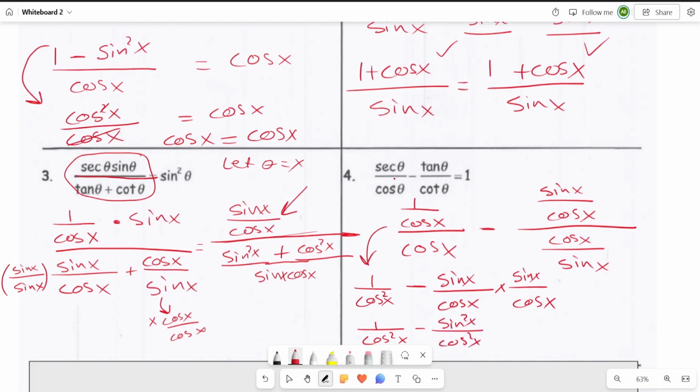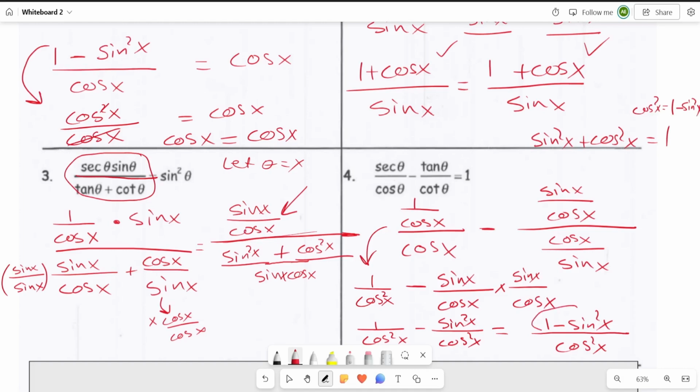I will see that I have a common denominator, so I can continue with the subtraction of the fraction. So I will just write the common denominator down, which is cosine squared x, and I will have on the top 1 minus sine squared x. And again, from the trigonometric identity that says that sine squared x plus cosine squared x equals 1, I know that cosine squared x is going to equal 1 minus sine squared of x.